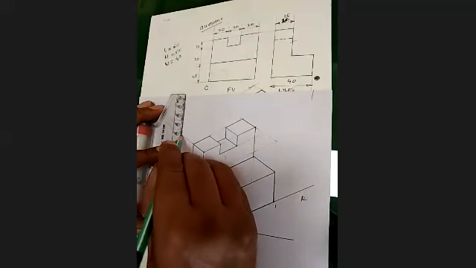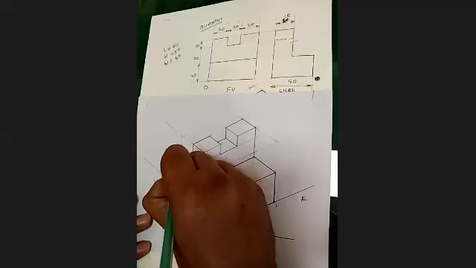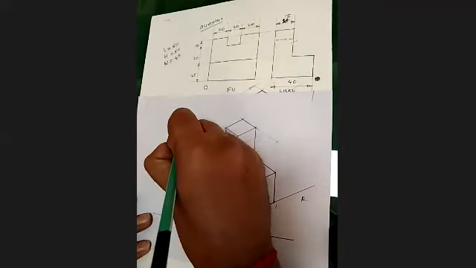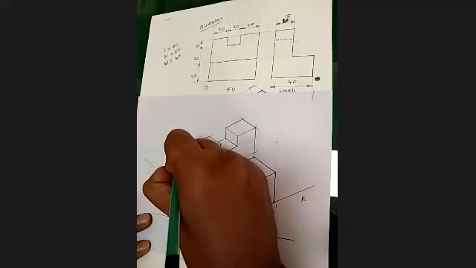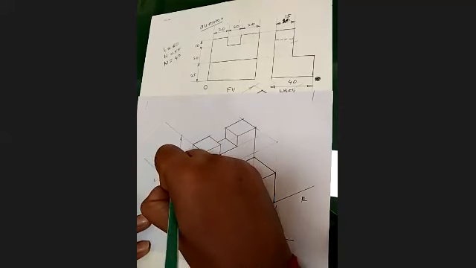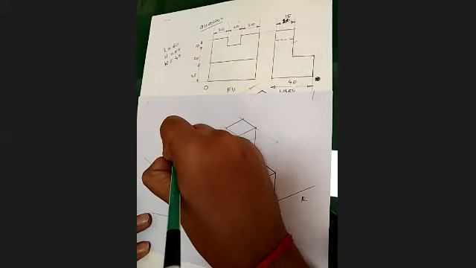The major dimensions are expected to be given. Suppose this height is 25, and the remaining is 30.